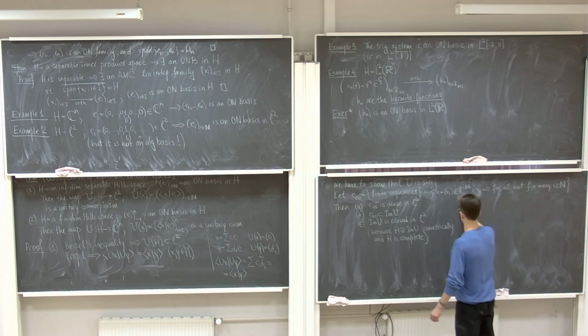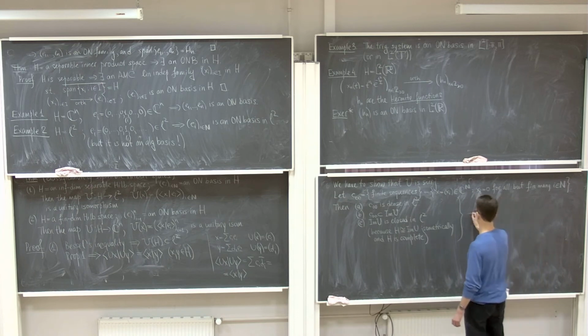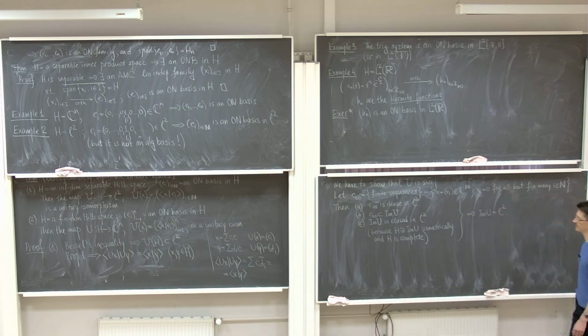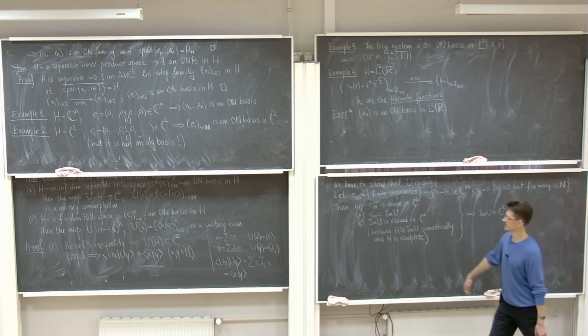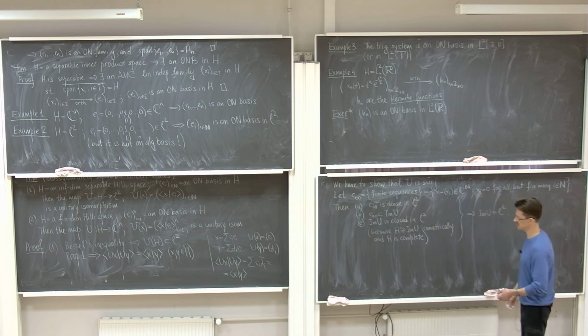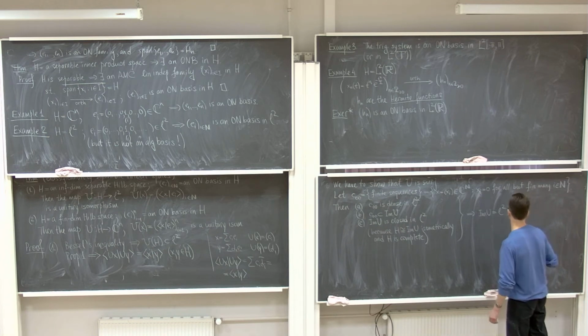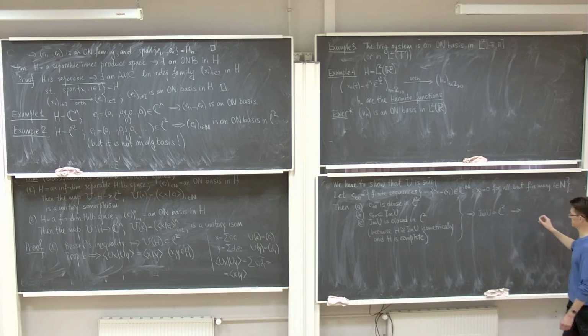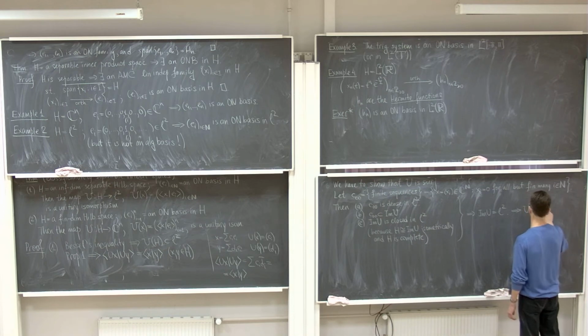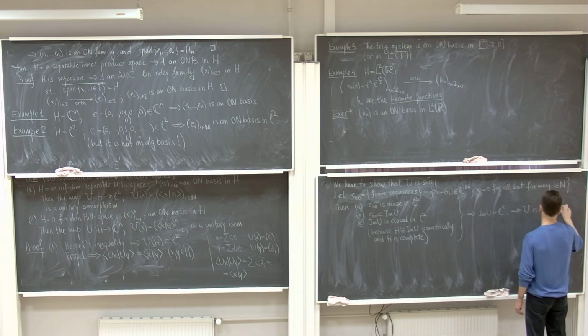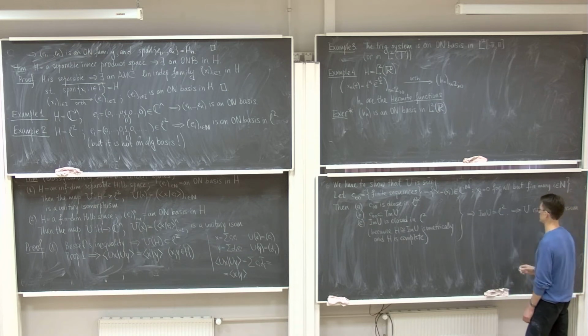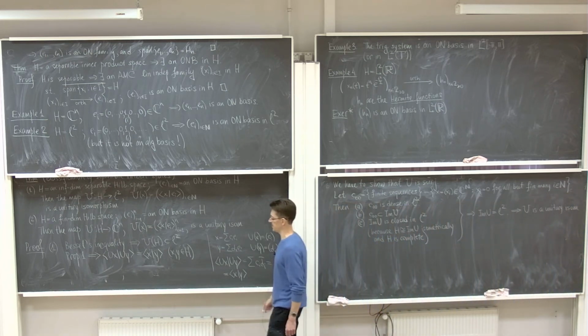So these facts together imply that the image of U is all of L2. Conditions A and B imply that the image is dense, but it is closed, so it is all of L2. And so U is surjective. And since it preserves the inner product, we conclude that U is a unitary isomorphism. Now this completes the proof of part 1.